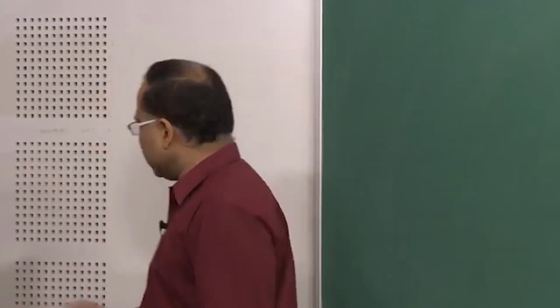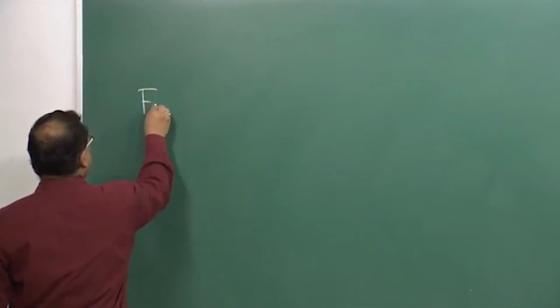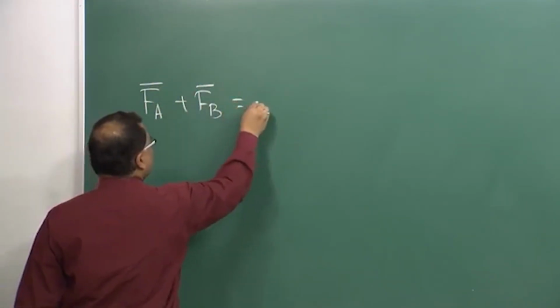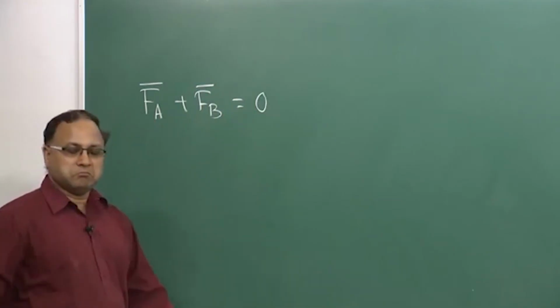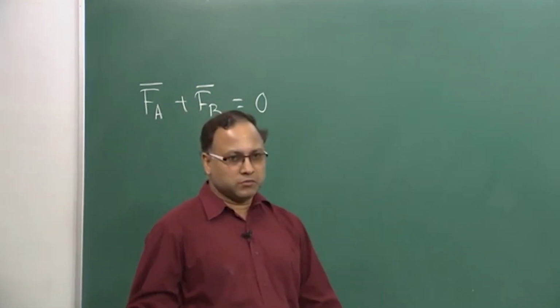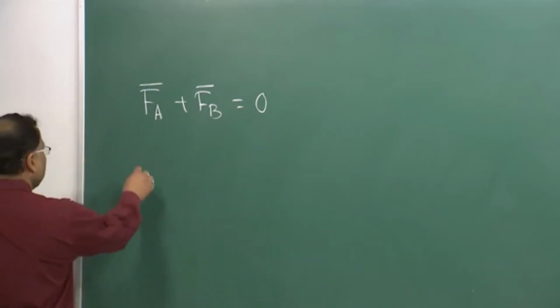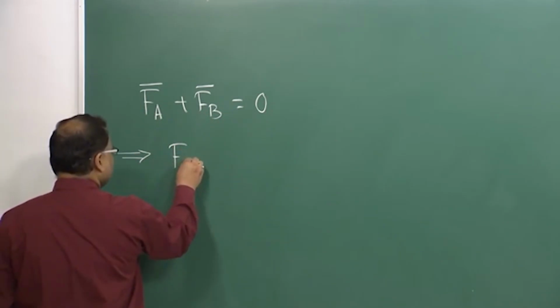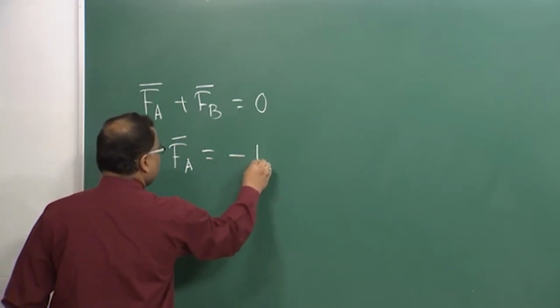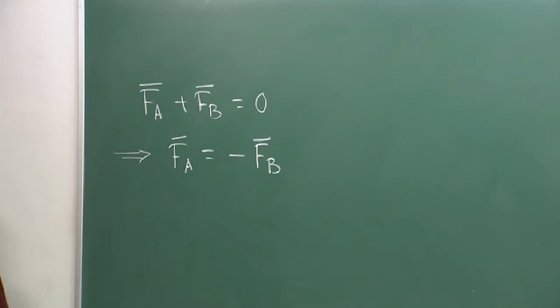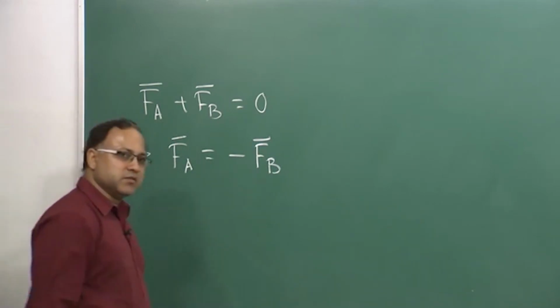For this kind of situation, FA plus FB must be 0. You cannot go beyond the law. Okay? This is the rule of the game. Okay. So, from this I can simply write FA is equal to minus FB.